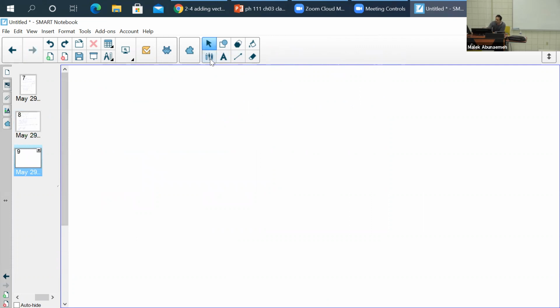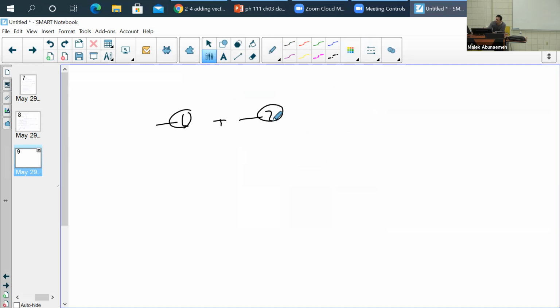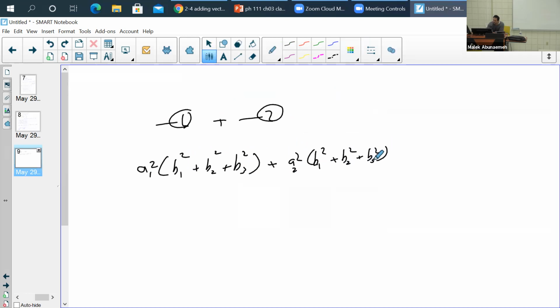So if you combine them, you get A1 squared times B1 squared plus B2 squared plus B3 squared, plus A2 squared times B1 squared plus B2 squared plus B3 squared, plus A3 squared times B1 squared plus B2 squared plus B3 squared.